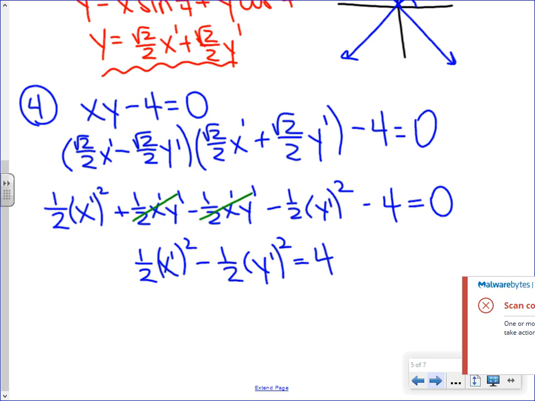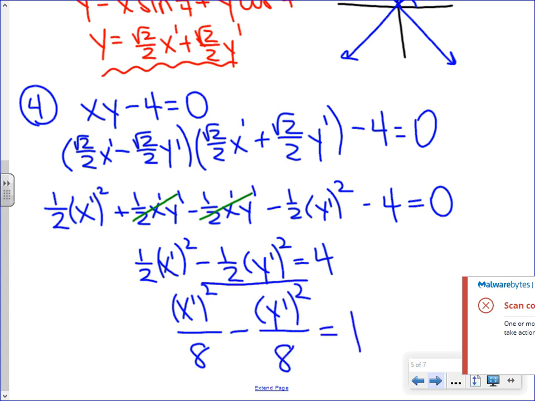It should equal 1. So we're going to have to divide this by 4 to get x prime squared over 8 minus y prime squared over 8 equals 1. Voila.